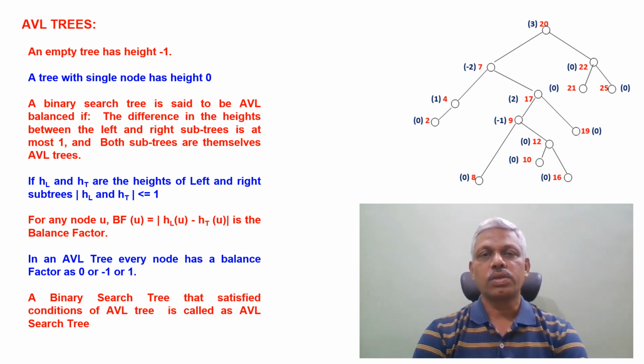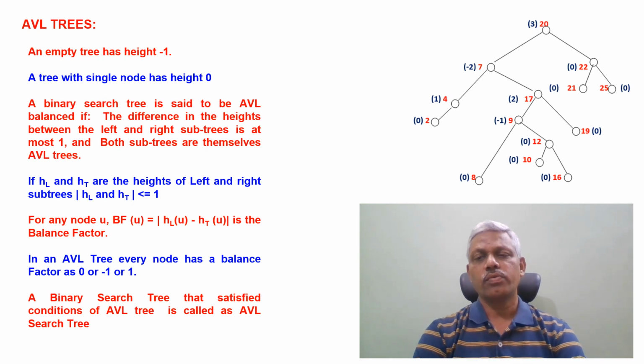And if you observe node 20, the longest path in the left subtree is 27, 17, 8, 12, 16. 1, 2, 3, 4, 5 edges are there in the left subtree, whereas in the right subtree, 2 edges are there. So 5 minus 2, 3 is the balance factor for node 20.